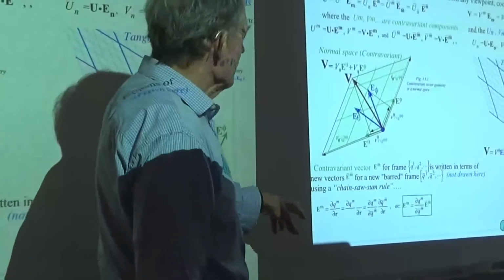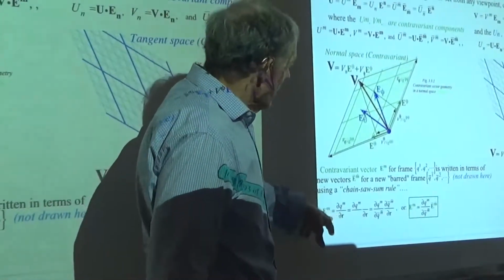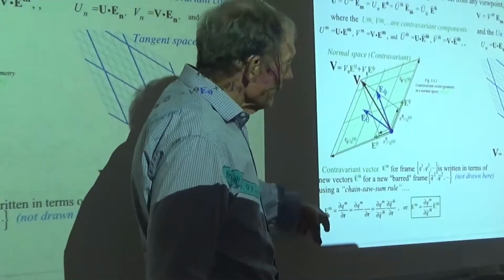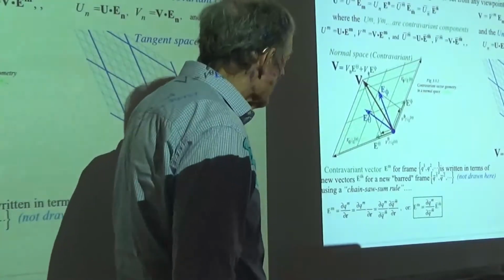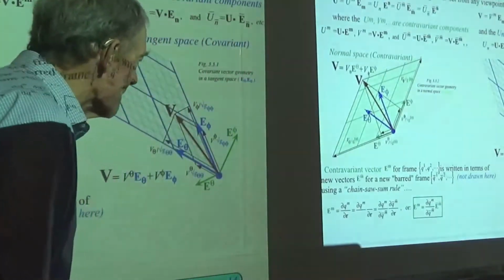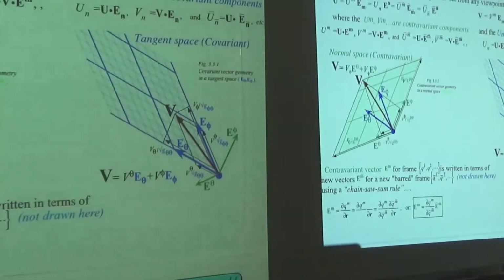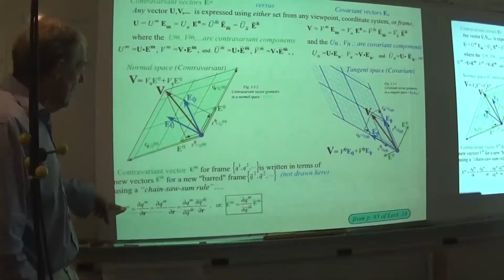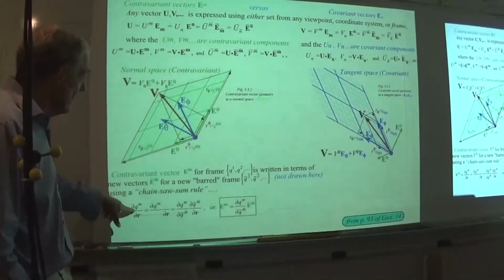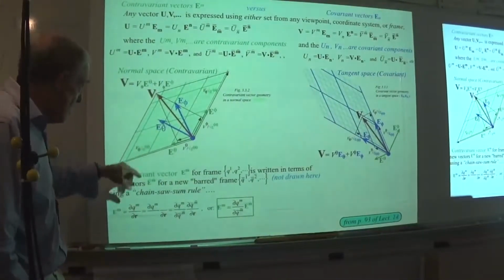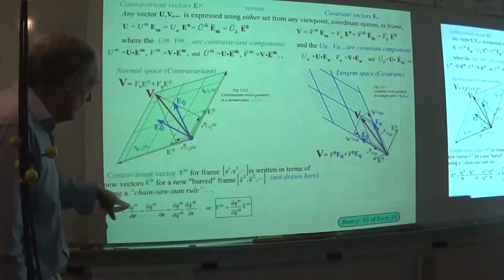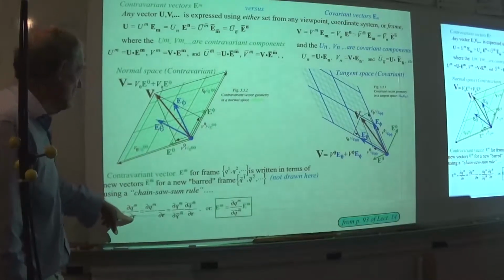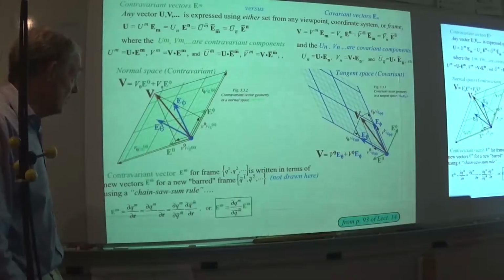The basic idea is if you're interested in a particular contravariant vector, say E super M, I'll point to it over here so I don't cover anything up. The E super M is defined as partial of Q super M, got to match the upperness of the M's, with respect to position vector.